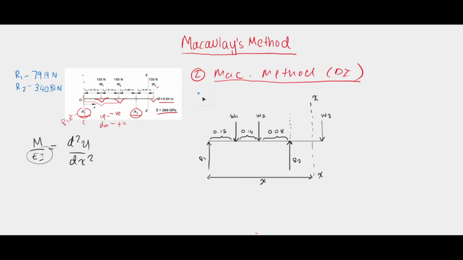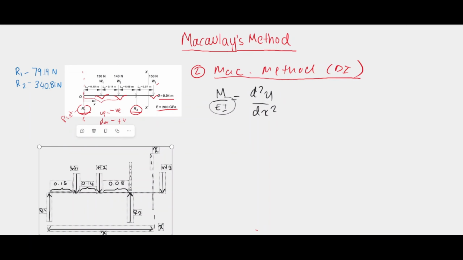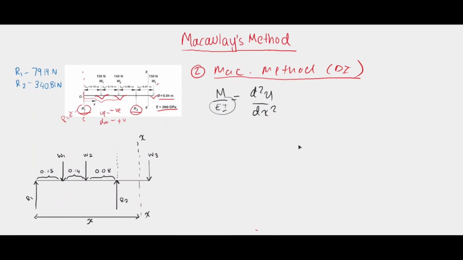Okay, so let's move the diagram we drew, because we will need the diagram in order to find the bending moments. The equation we got was EI d squared y over dx squared is equal to M. So we just have to find the bending moments at the pivot around X. Let's start with the first one. We should keep in mind the directions we have assigned: forces acting upwards are negative, and forces acting downwards are positive.